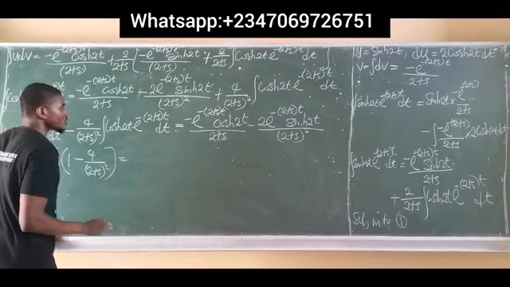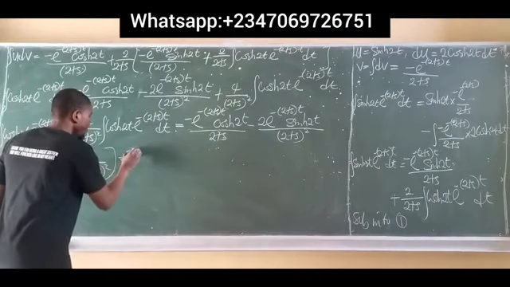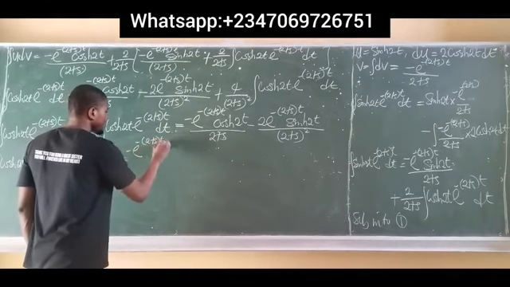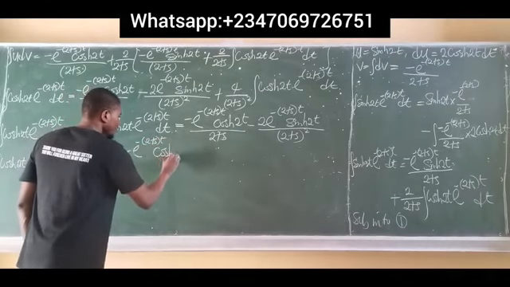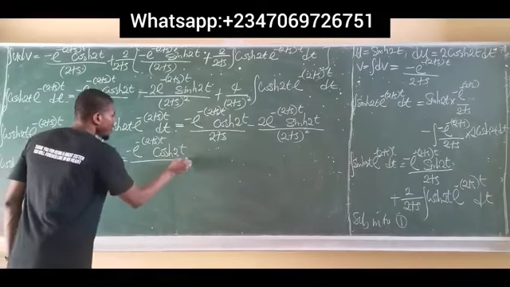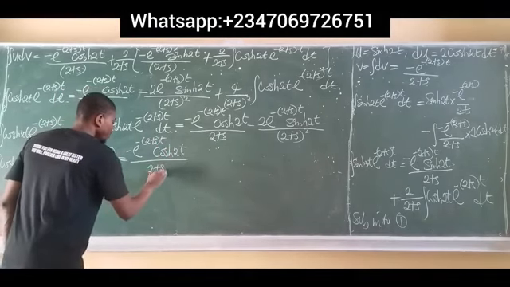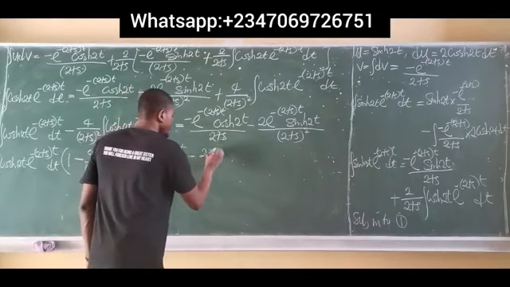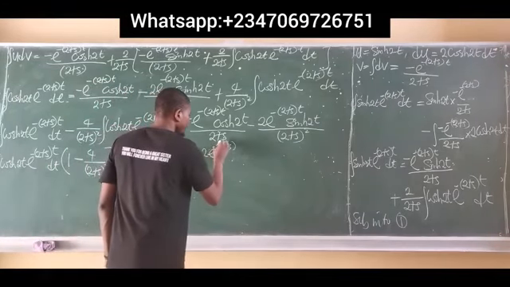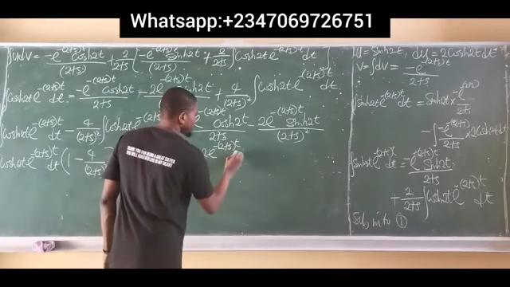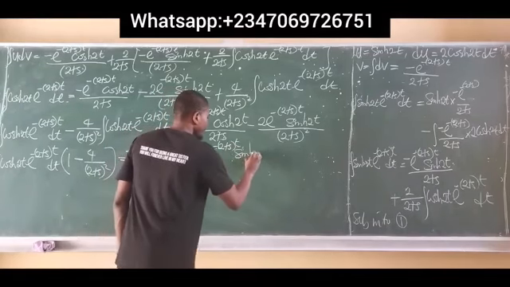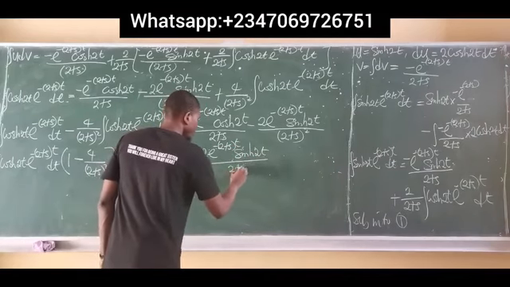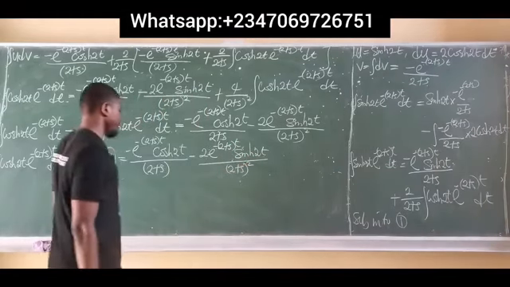And this is equal to everything we have here: minus e^(-(2+s)t) cos 2t all over (2+s), we'll keep this aside, minus 2 e^(-(2+s)t) sin 2t all over (2+s) all squared.